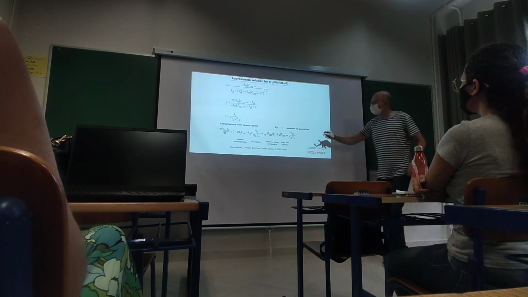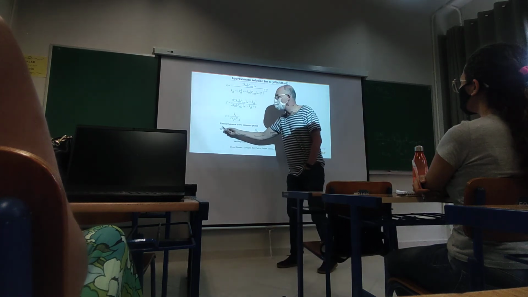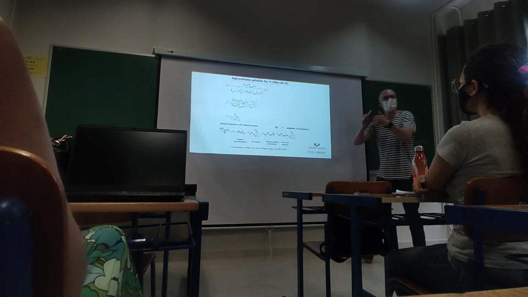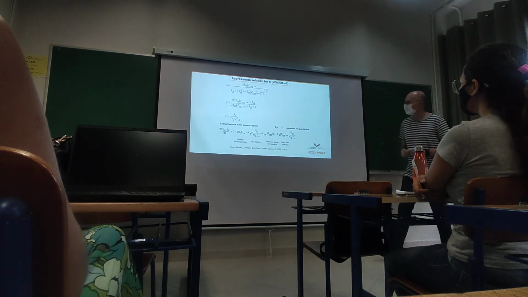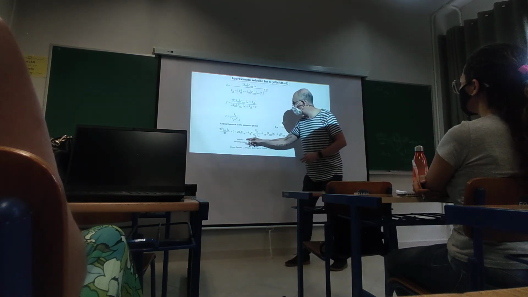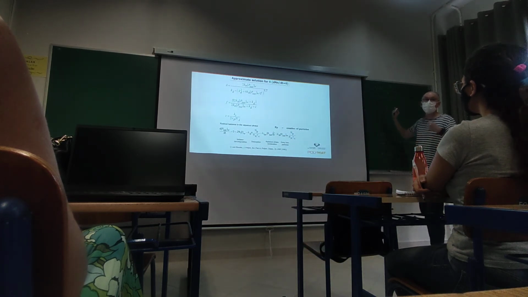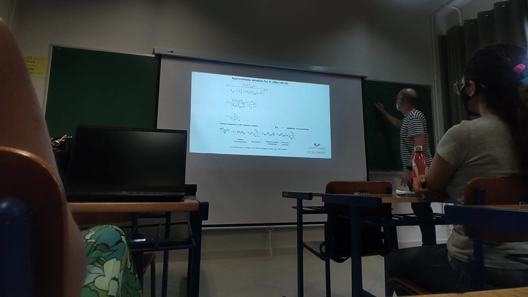Okay? So the balance of the radicals in the aqueous phase, to which we can also apply the pseudo-steady state, because these are transient species, is the rate of formation. How do we have radicals in the aqueous phase? Because the initiator decomposes there.